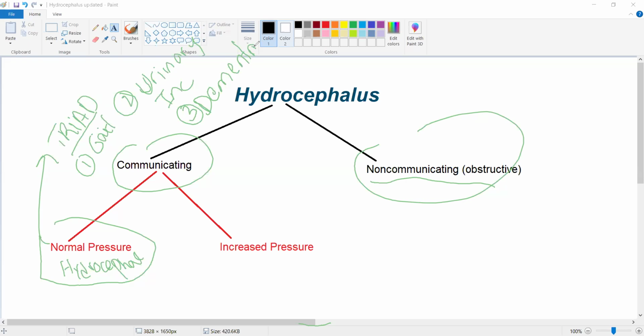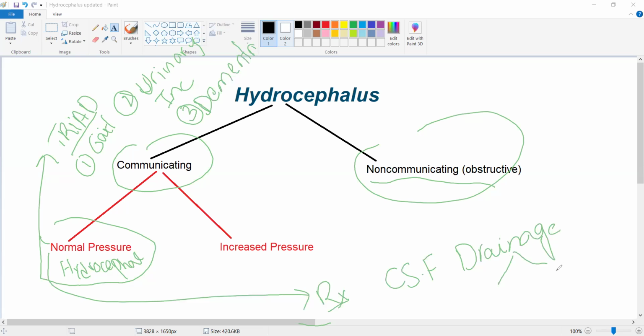And how will you treat this condition? By CSF drainage, via lumbar puncture or shunt placement.